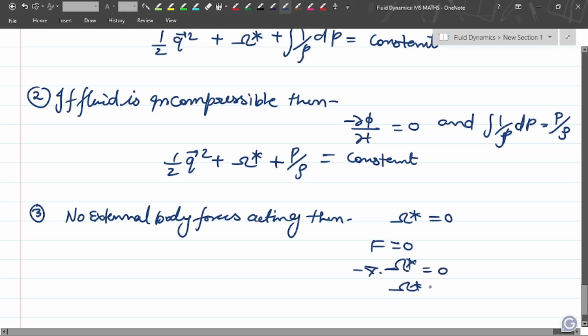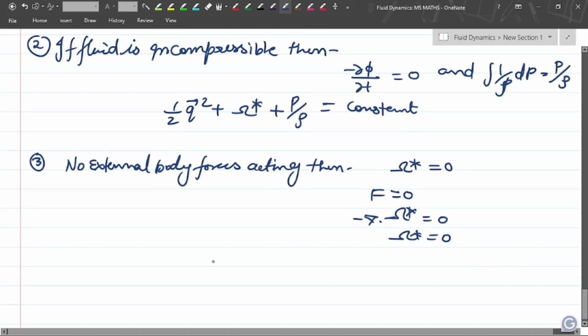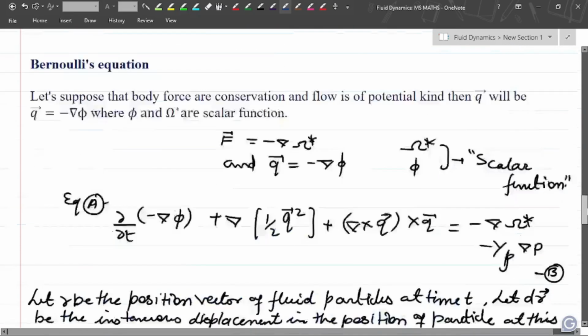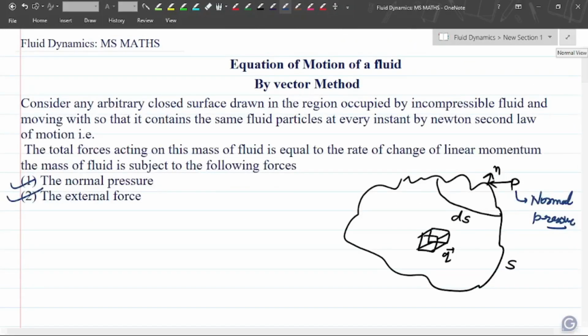So basically omega star is equal to 0, and it is nothing but 1 upon 2 q vector square plus p by rho is some constant. So these all are the cases that we have discussed, the Bernoulli's equation and Lamb's equation, which we have calculated by the vector method.